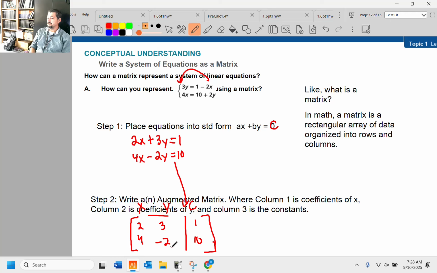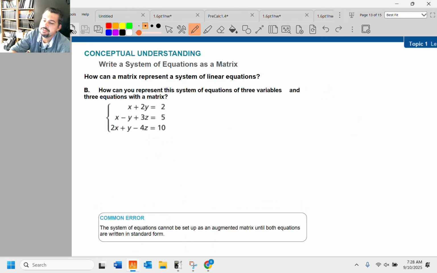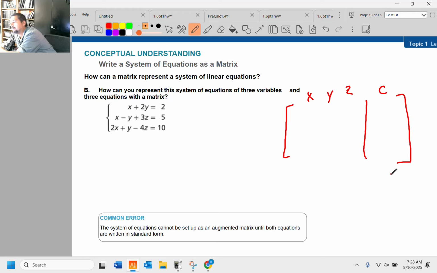Now the rest of the notes are really super easy. Just write down matrices. Moving forward, a system of 3 variables would have an x column, a y column, a z column, and a constant column. And all we have to do is pick out the coefficients.